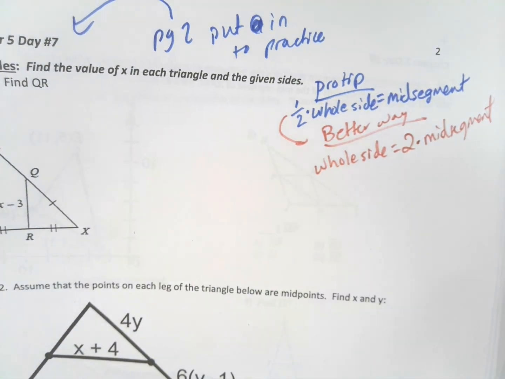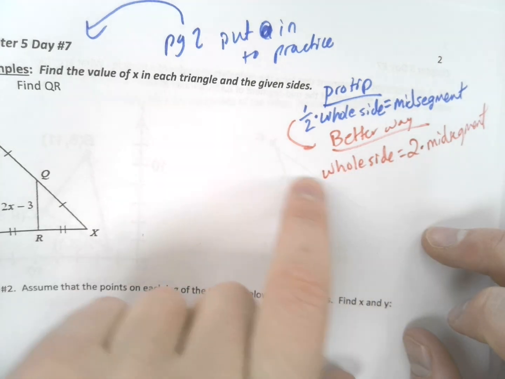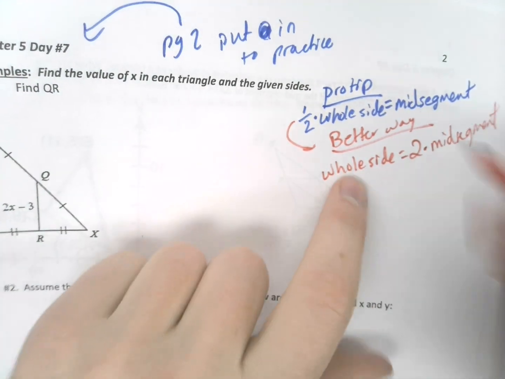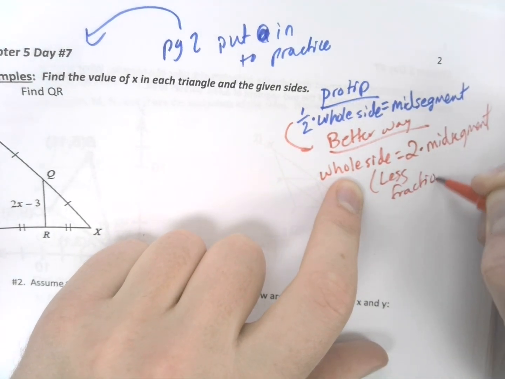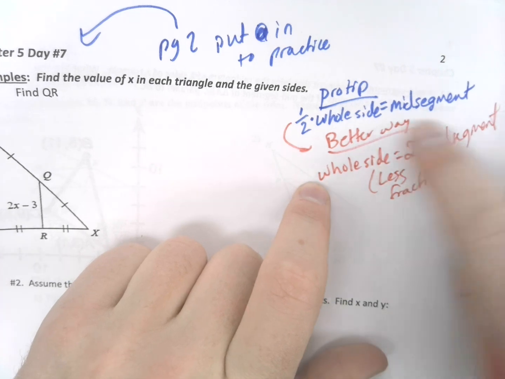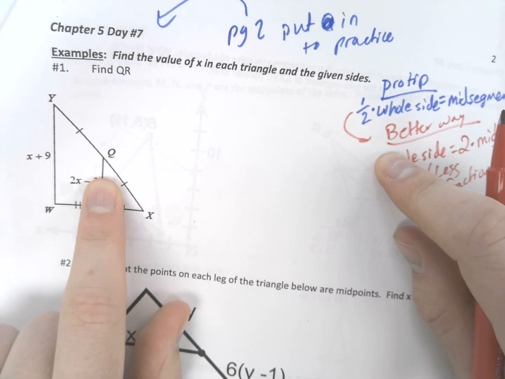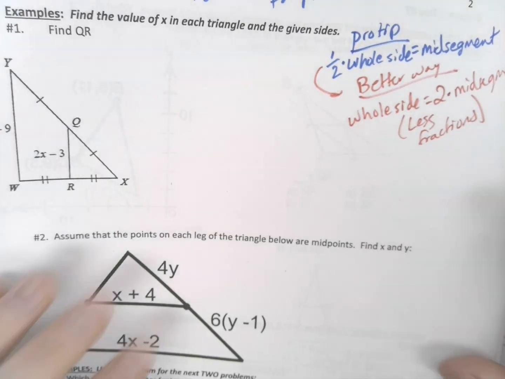If you double the mid-segment, multiply it by 2, that'll bump it up to the same as the whole side. And you're probably thinking, why do that? This way, you deal with less fractions. I would recommend doing this instead of cutting this piece in half to get it equal to that. Let's try my method and see if you guys like it here.